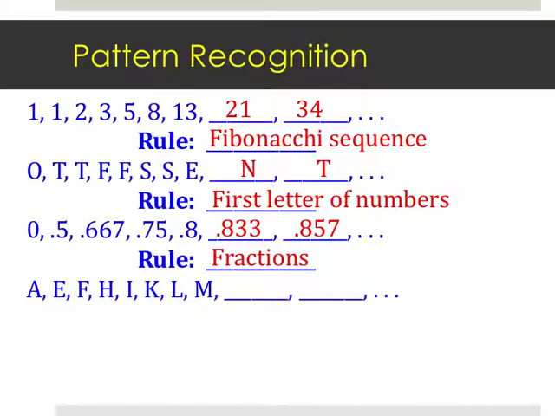I went from A and then I saw that they skipped B, C, D, and then they went E, F, and they skipped G, and then went H, I, they skipped J. And O is why? Never mind, I got that wrong. Oh, you were close. You had an N. 50%. Okay, why?